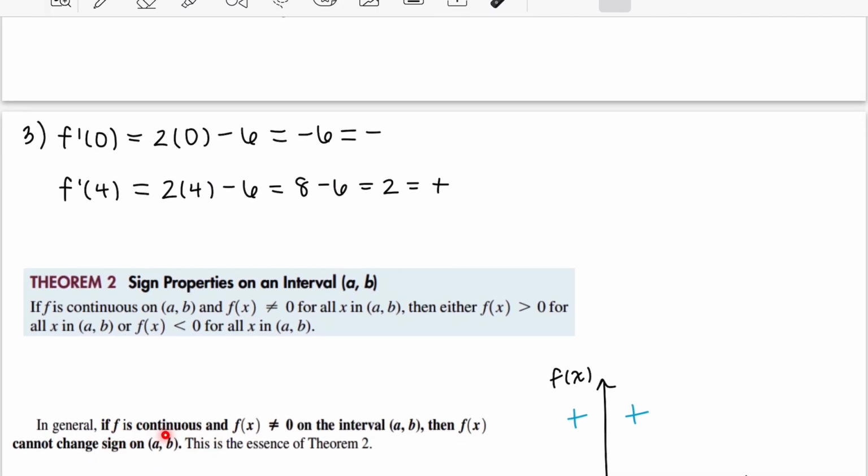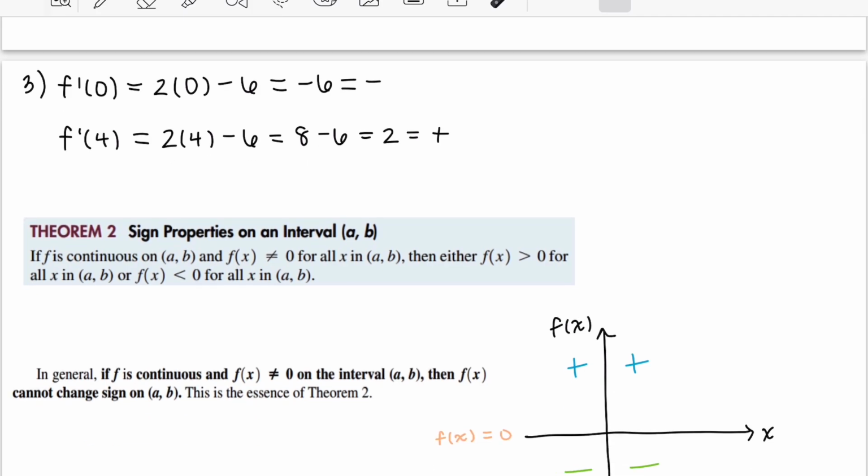So essentially, if f is continuous and does not equal 0 on this interval, then f of x cannot change sign. Because remember, if f of x were to equal 0, it would have to cross the x-axis here, and then we know that all of our f of x values are positive in this region and negative in this region. So if we cannot cross this x-axis, then we cannot change signs.